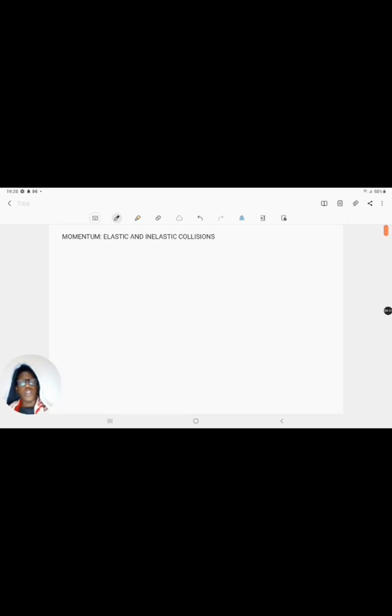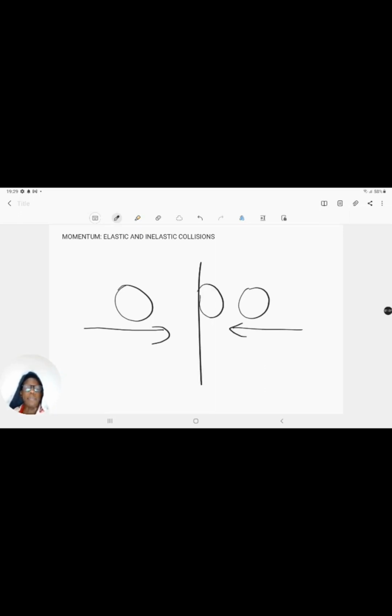Firstly, we've got two different types of collisions when we're looking at our topic of momentum. We've got elastic and inelastic collisions. But before we actually get to looking at what elastic and inelastic collisions are, let's just look at what collisions are before looking at what makes them elastic or inelastic. So what are collisions? If you've got, say, a ball that's moving in that direction, and another ball that's moving in this direction, when these balls meet, they will impact one another.